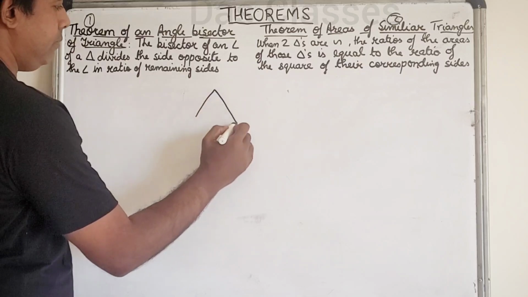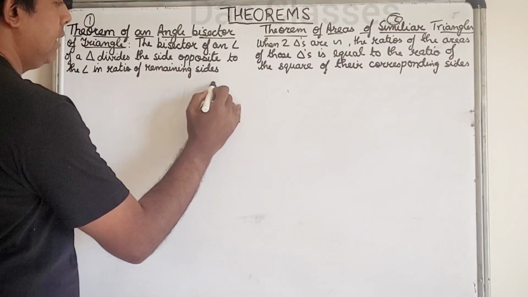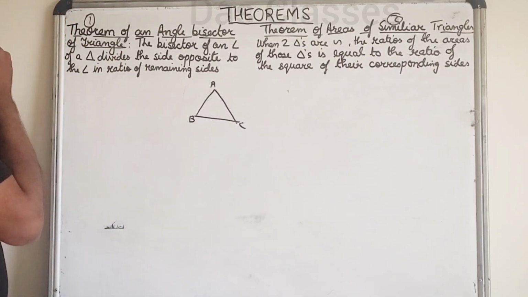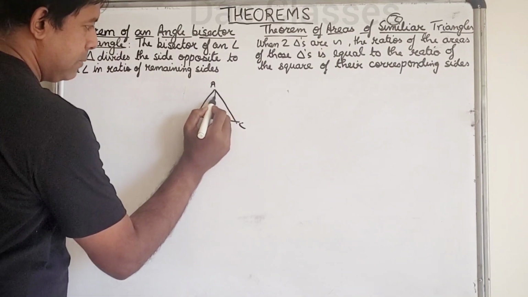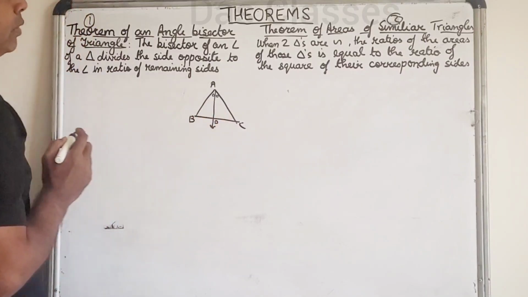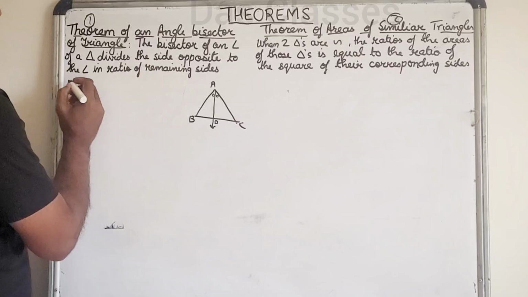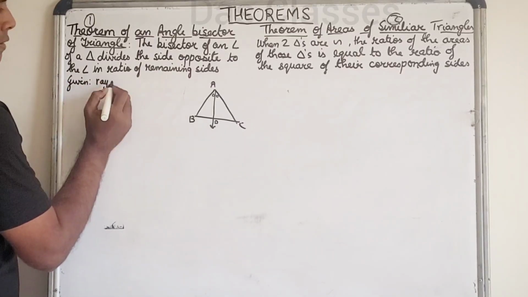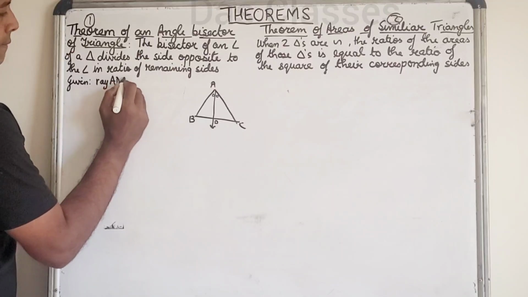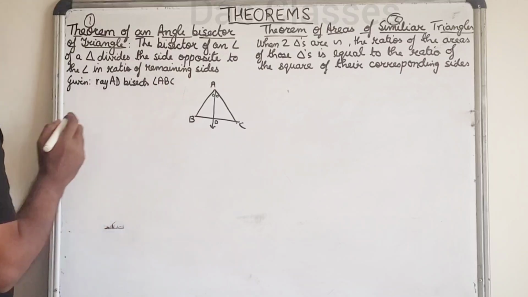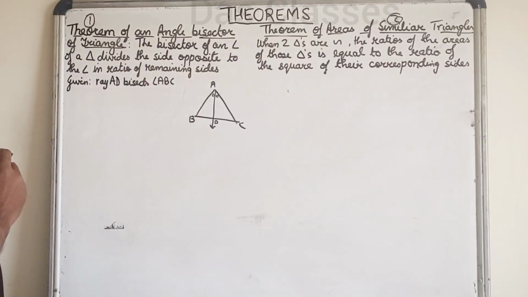Let's consider a triangle ABC, and the angle A is bisected at point D. So given is: ray AD bisects angle BAC.